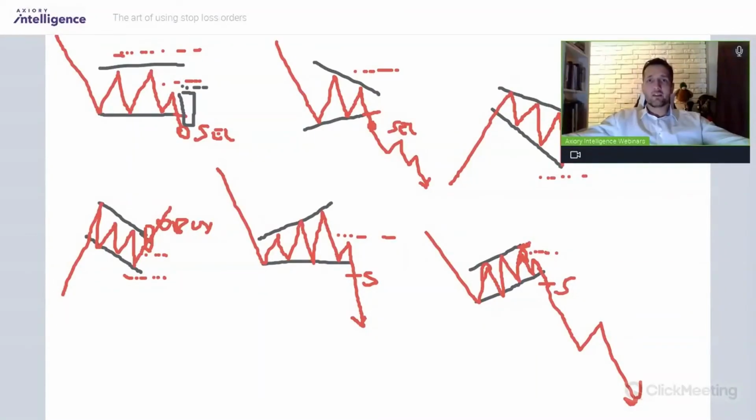You will have small losses, but you will get rid of huge losses which are destroying your account. Because you can have a bad trade and lose half of your account, and to lose half of your account when losing 1% of a trade, you need a lot of losses. All right?